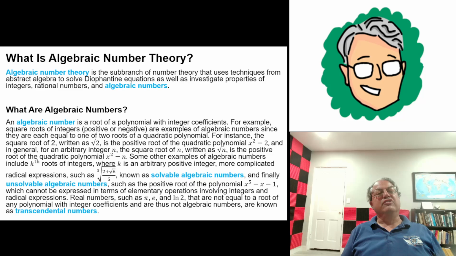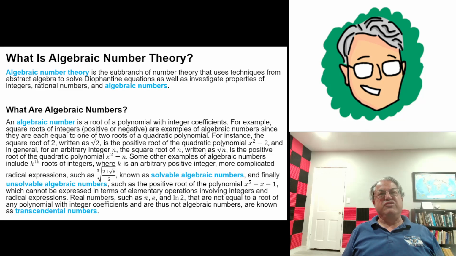Another interesting thing about all these branches of number theory is that even though they all started out as ways to solve Diophantine equations, which are equations involving integers or rational numbers, a lot of them grew into fields about extensions of integers and rational numbers, kind of abstract fields.